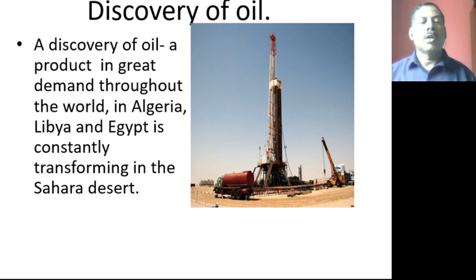In almost all the northern part of Africa, you will be finding oil refineries, and they are constantly transforming the Sahara Desert. Earlier the oil refineries were not there. Now the oil refineries have changed it. They came and they changed the life of the people of Africa.